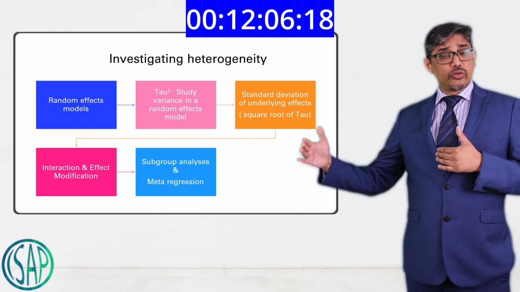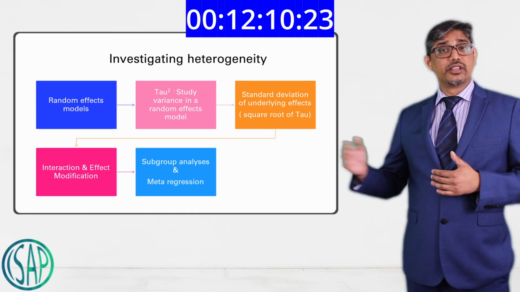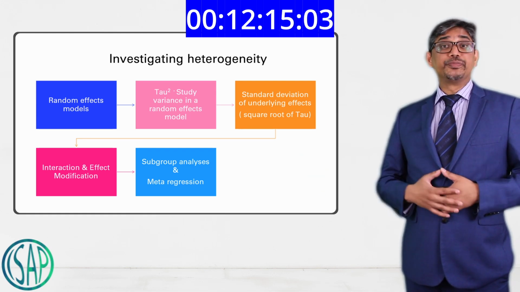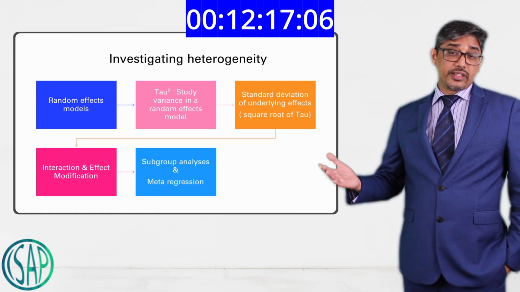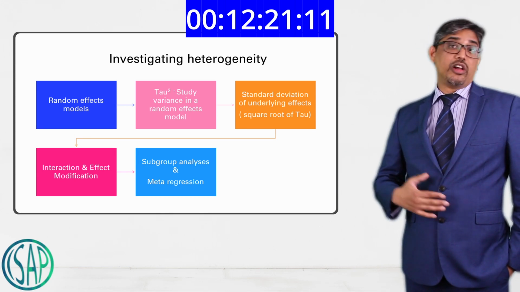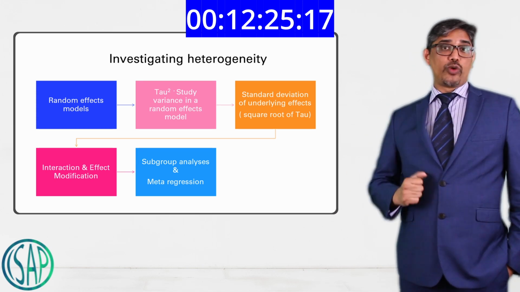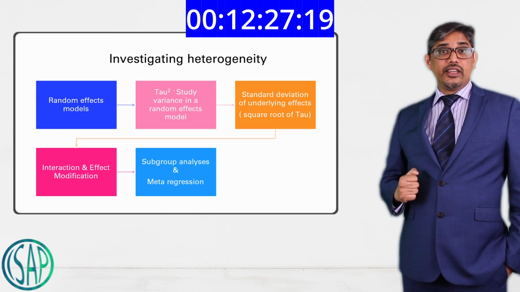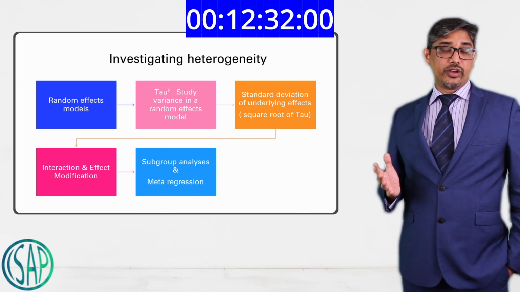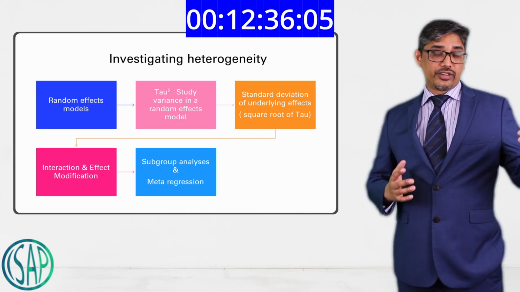When there is a high tau value, the tau square automatically is high, which is nothing but variance. So when the variance is high, there are wider confidence intervals, which also means that the Q and I square that come out of calculations will also be high. So indirectly, just by looking at the tau value, you can say that if you do calculations for I square and Q, you get high I square and Q. So that's how the variance, tau square, is linked to heterogeneity.